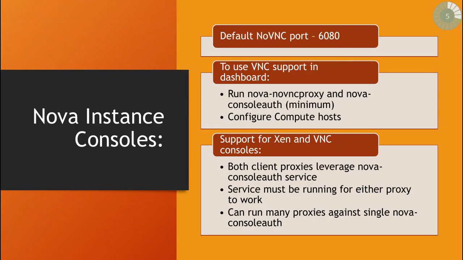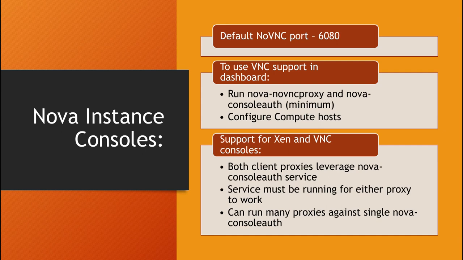So in Nova instance consoles, if you want to see, it mainly gets connected via the default noVNC port. The port number is 6080 and this is a TCP port. To use VNC support in your dashboard, that means in your Horizon, you need to run at least two services, that is Nova noVNC proxy and Nova console auth.